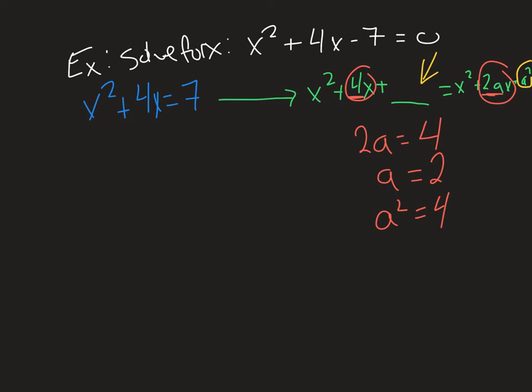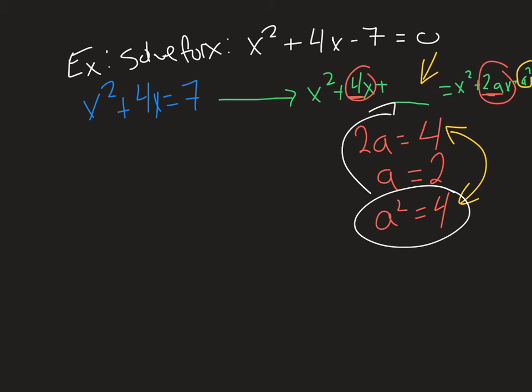Now just a side note, it won't always work out that these two are the same. It just so happened that because a was 2, 2a is also the same as a squared. So just be aware of that, be very careful. So the idea is, set your linear term equal to 2a, solve for a, then square it. This a squared term is the thing we want to add to our left side of the equation.